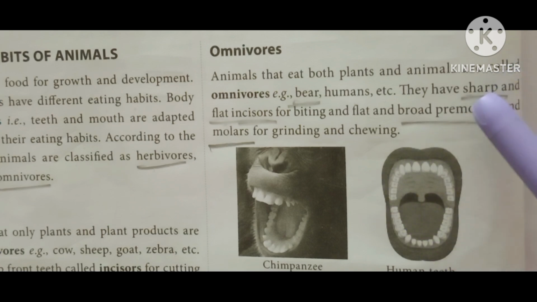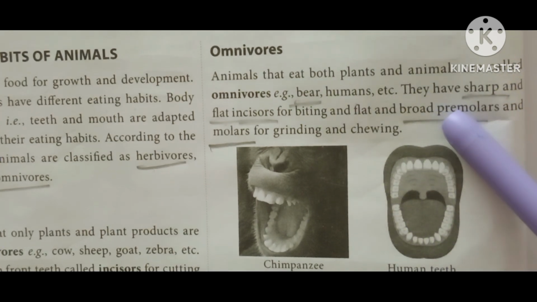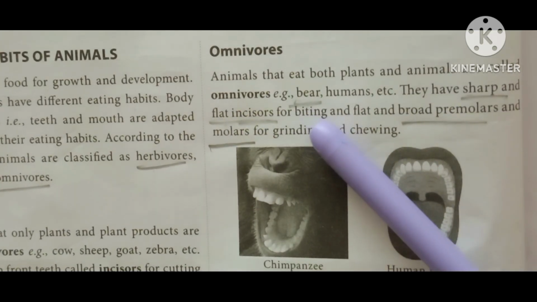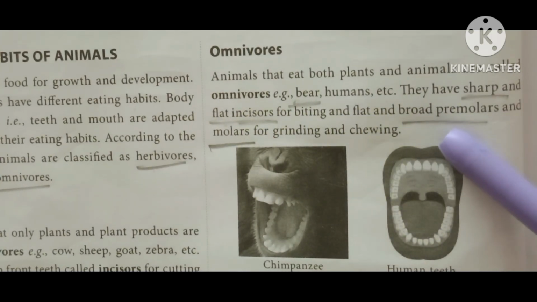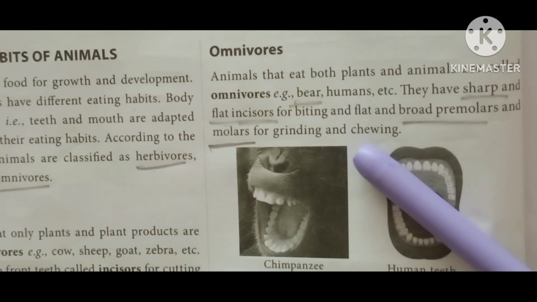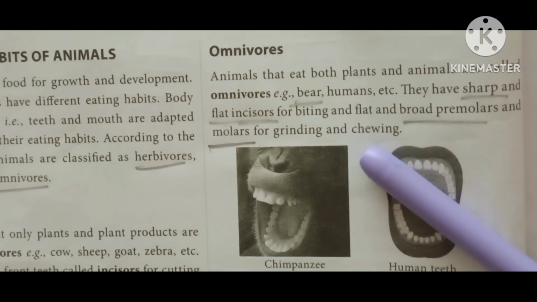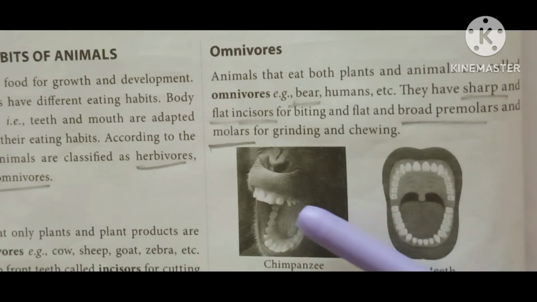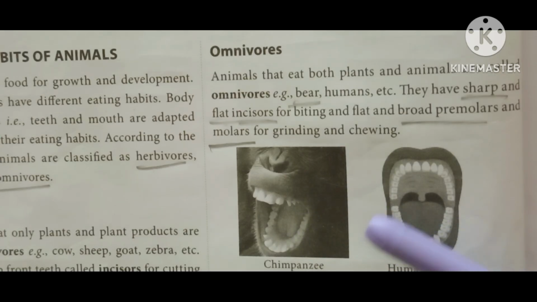Examples are bear and humans. They have very sharp teeth and flat incisors for biting, and flat broad premolars and molars for grinding and chewing. This type of setup helps omnivores eat both plants and animals. These are pictures of omnivores.